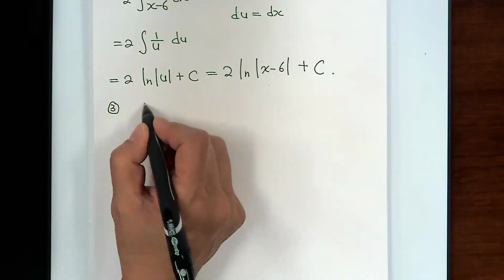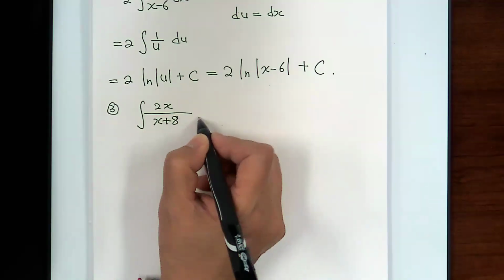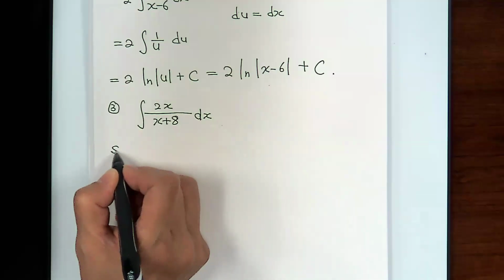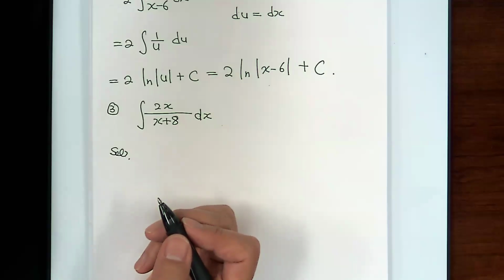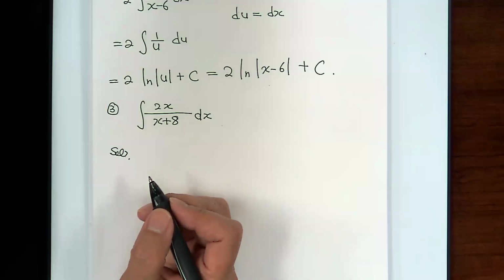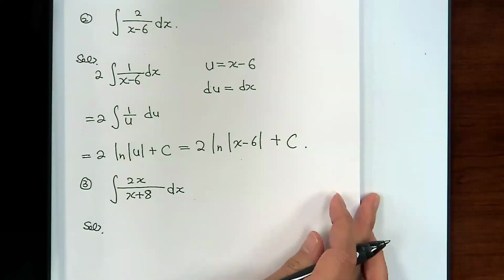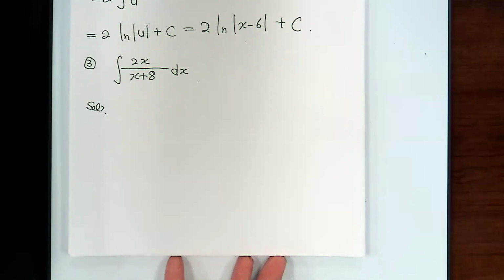The next problem is integration 2x over x plus 8 dx. The previous problem and this problem look somewhat similar, but those are different in nature. It is somewhat similar to the problem we covered because the degrees of the numerator and denominator are the same.